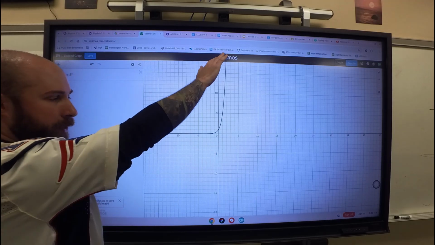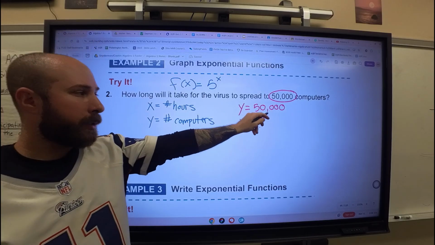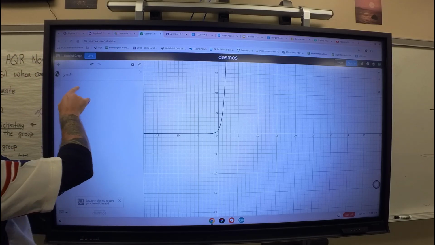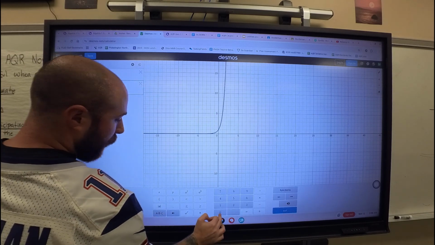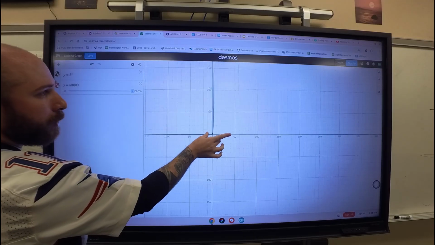Okay, it's increasing, going to the right. And because we are looking for when y is equal to 50,000, I'm literally going to type that in a second equation. I'm going to type in y equals 50,000, and I'm going to zoom out here.